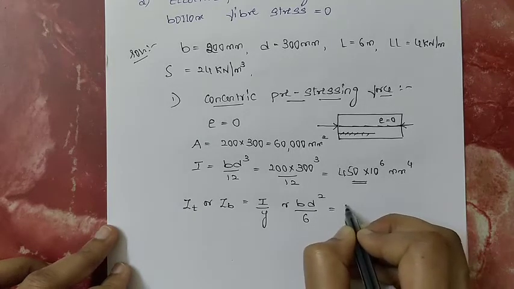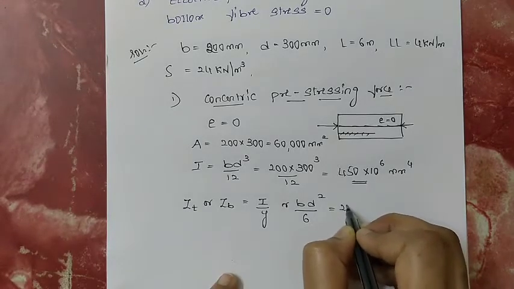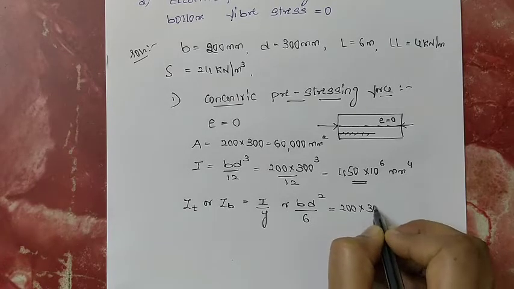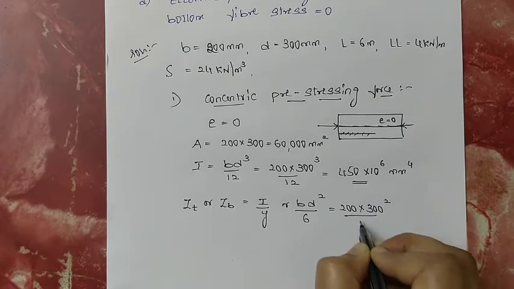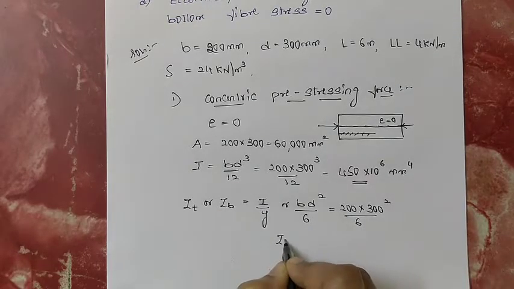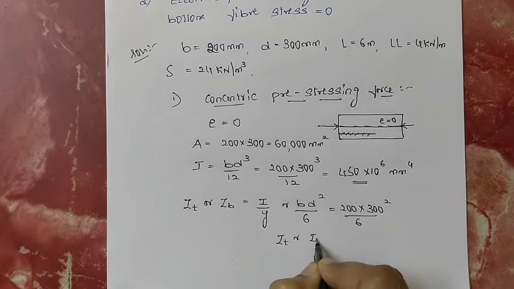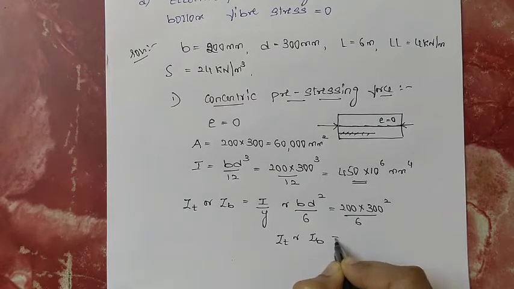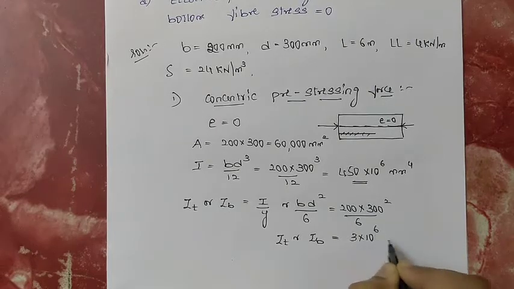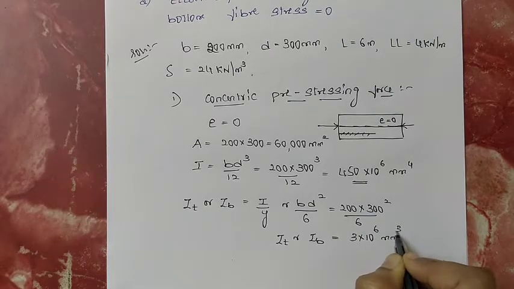That will be equal to B value 200 multiplied by depth 300 square divided by 6. Upon simplification, you will get ZT or ZB equals 3 into 10 to the power of 6 millimeter cube.